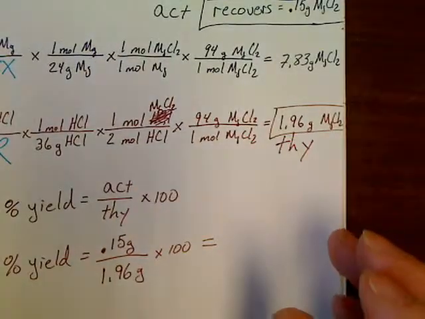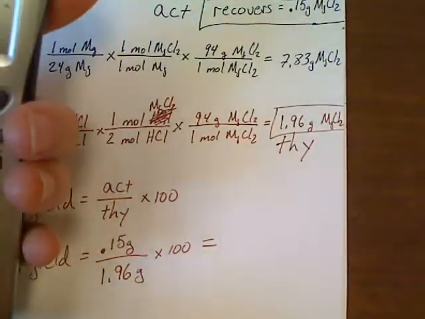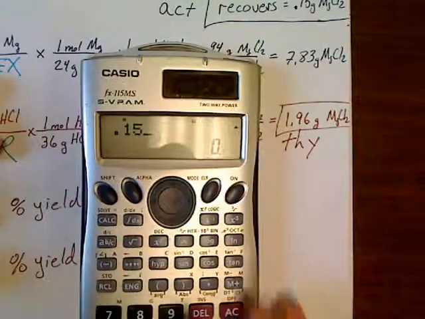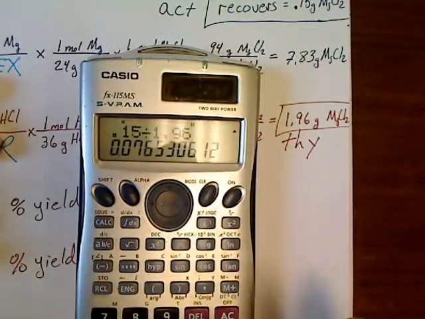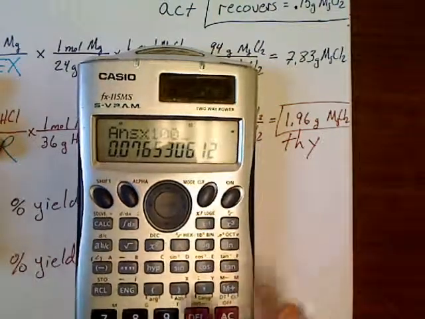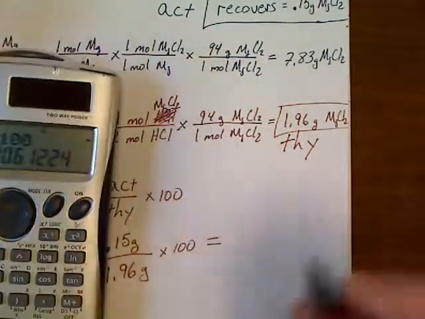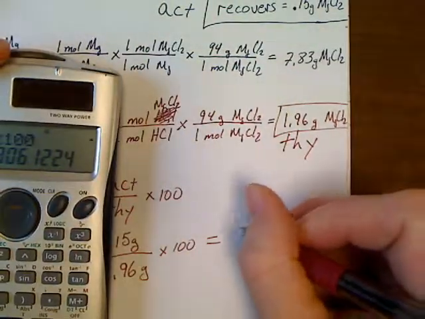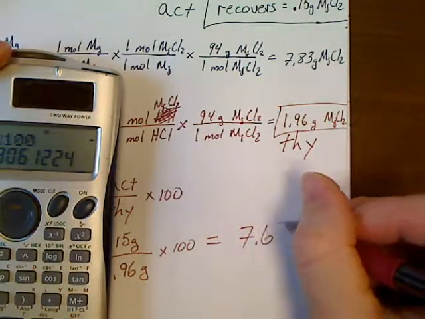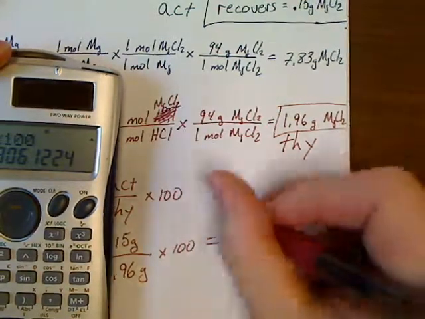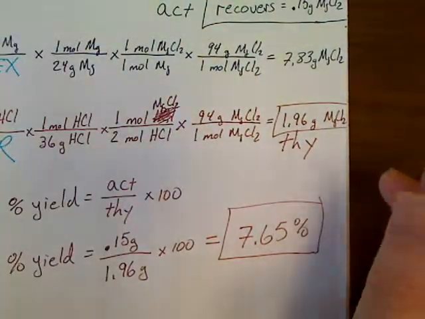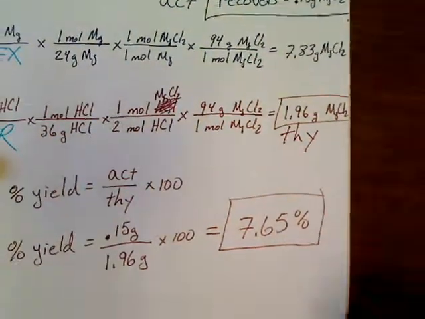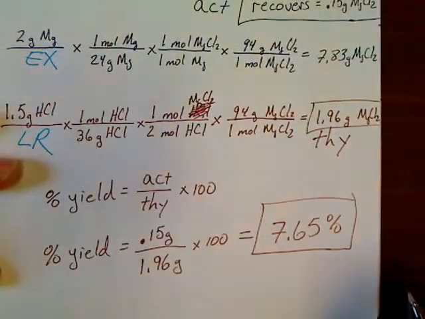So all this is a percent. So 0.15 divided by 1.96 equals 0.0765 times 100. 7.65. This is a horrible lab. 7.65% on their yield. Anyway, so there is our percent yield for this lab.